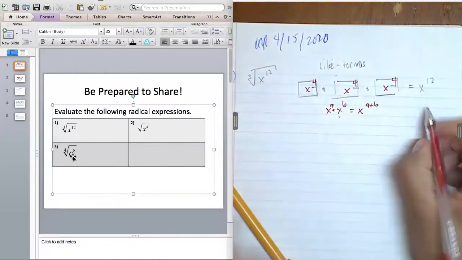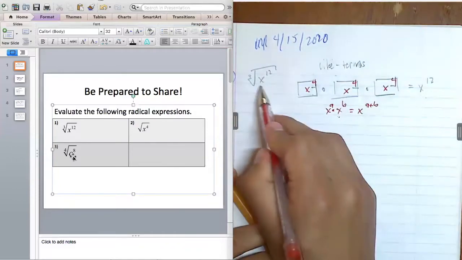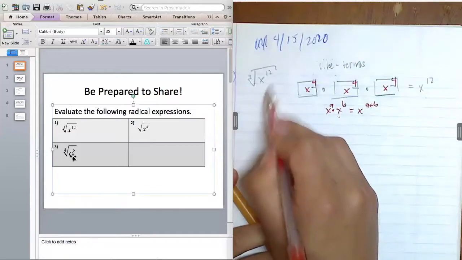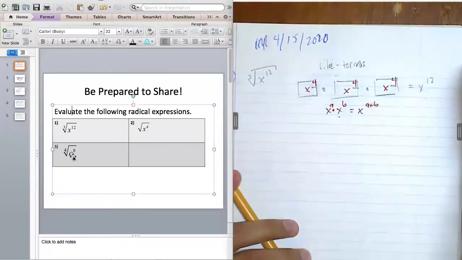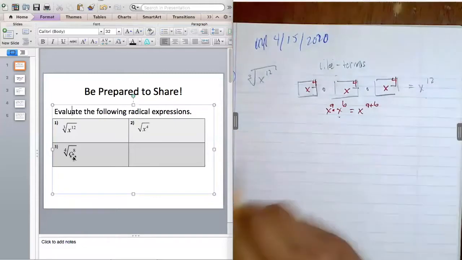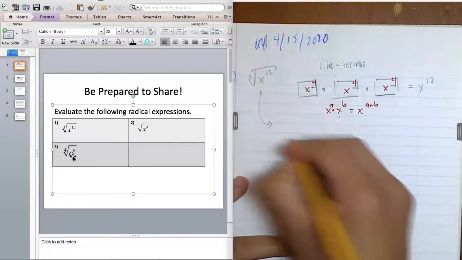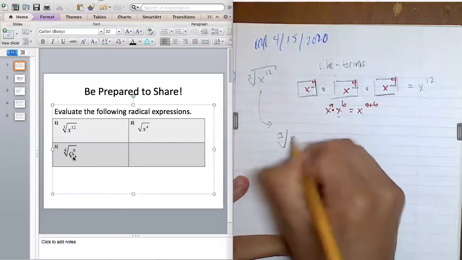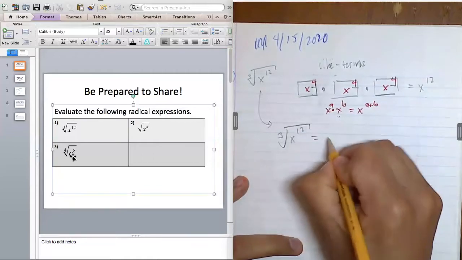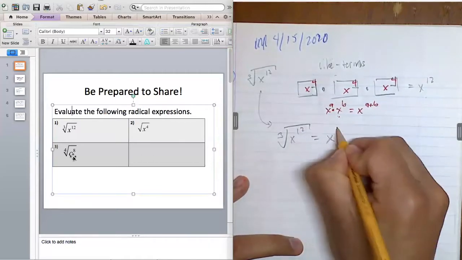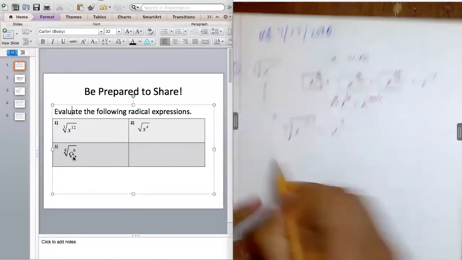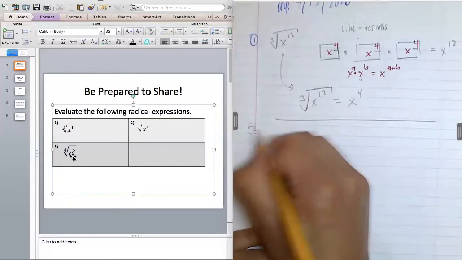So the third root of x to the 12 is x to the 4. All right, let's go to number 2.